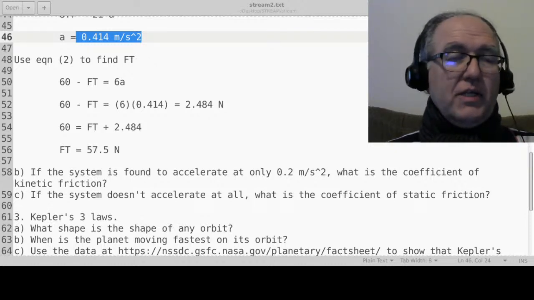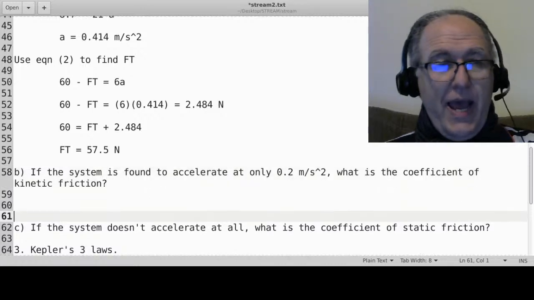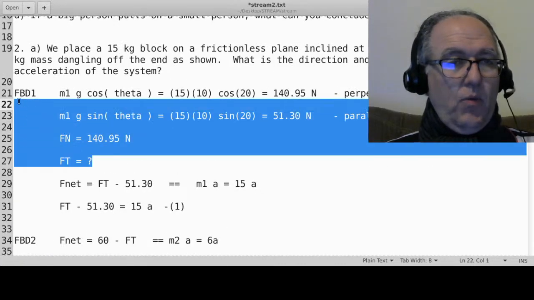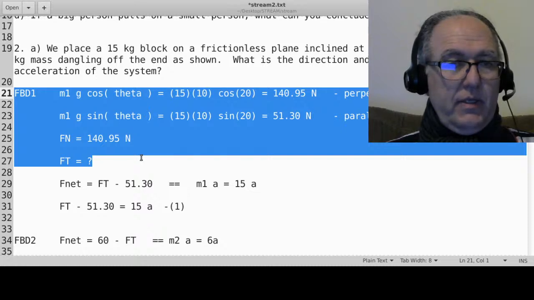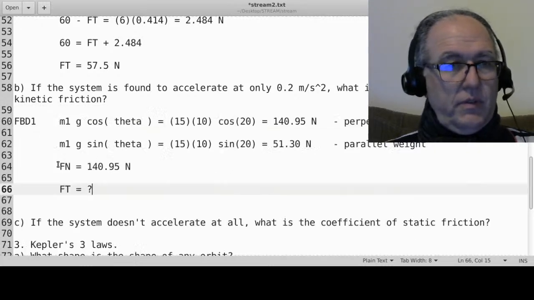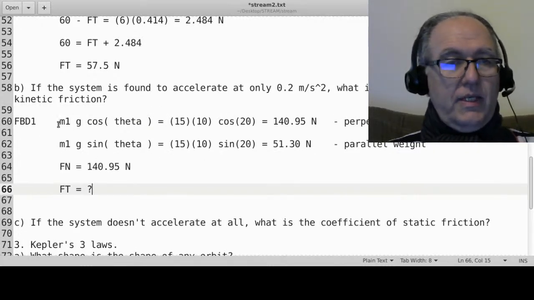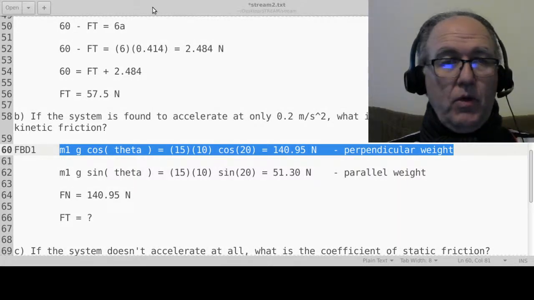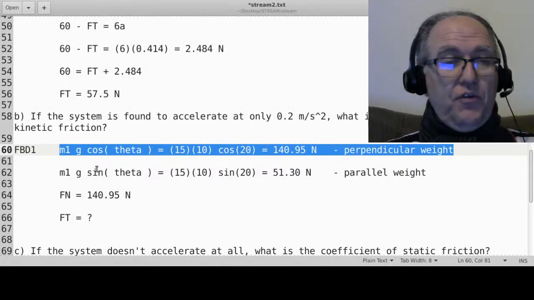So let's do this problem. Let's go up here and see how much of this we can recycle. Let's copy all of this. Okay, there we go. See, the perpendicular component stayed the same, and in value too.